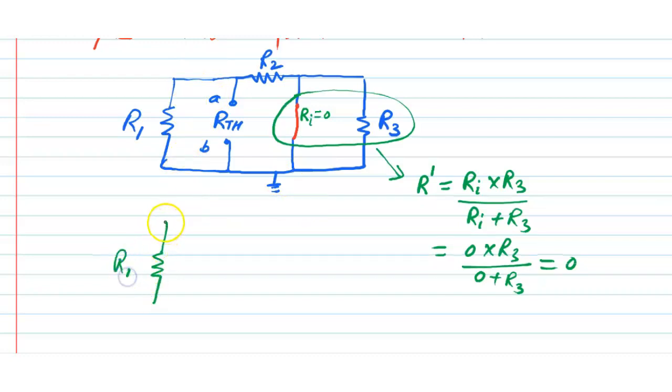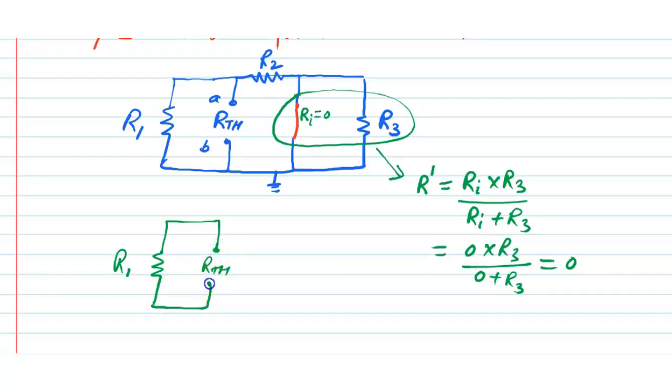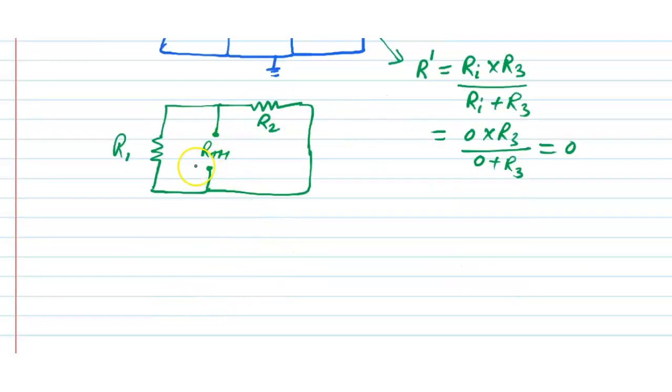R1, this is RTH which has to be determined, and this is R2, and here there is no resistance, so it can be redrawn.